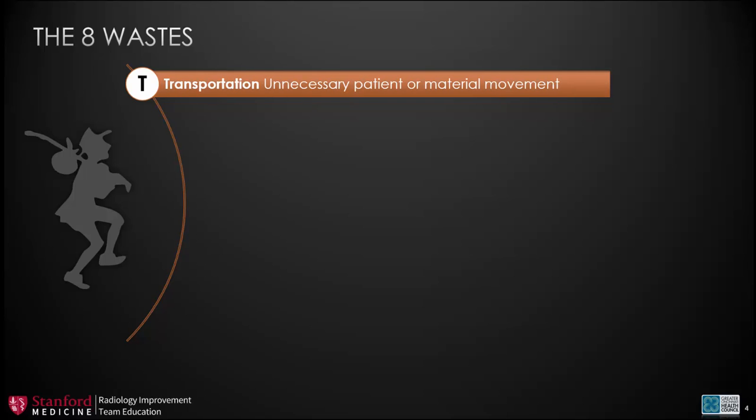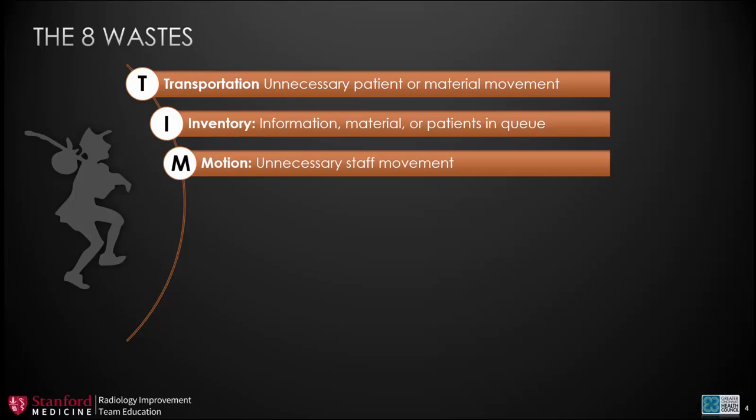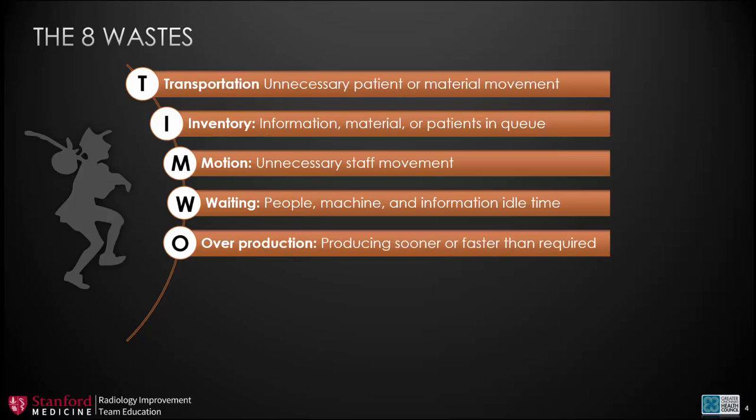So first T. T stands for transportation, or unnecessary patient or material movement. I is inventory, which can be information, material, or patients in queue. M is motion, unnecessary staff movement. W is waiting, people, machine, or information idle time. O is overproduction, producing sooner or faster than required.